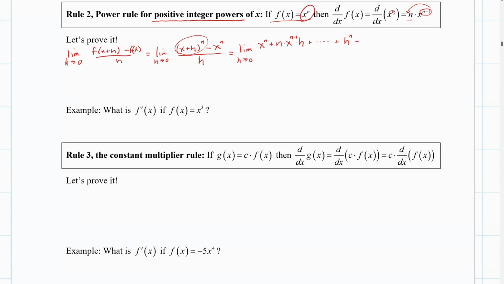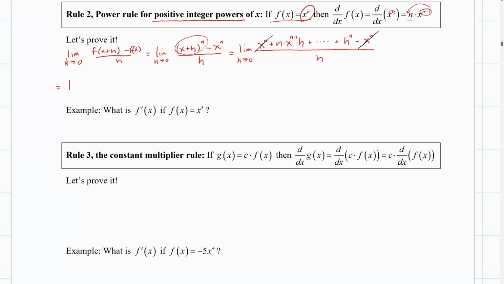And what's at the end of this? Minus x to the nth, and this is all over h. Now, what we'd like to have happen is some nice cancellations. Well, how about this cancellation? This x to the nth and that x to the nth cancel. That's a nice cancellation.